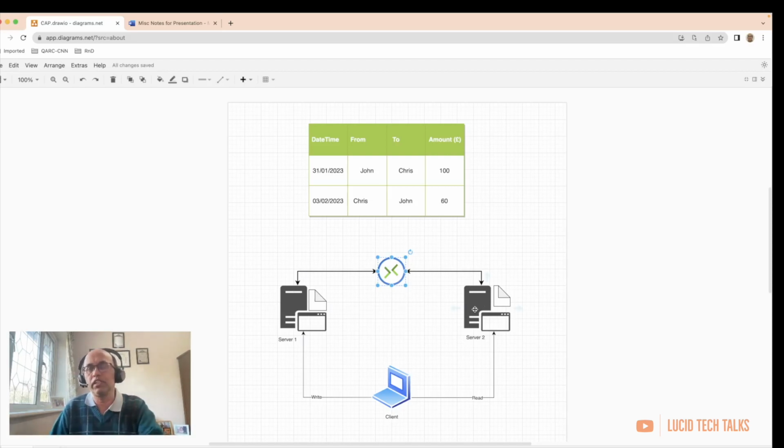Now another important thing here is availability. So again, look at that same scenario. If we were trying to write this second row in here, it can be written onto server one. So the client can still communicate with server one, but there is some problem in communication between server one and server two, and it cannot write this second row onto server two's local file.